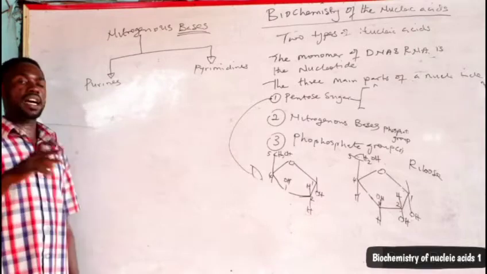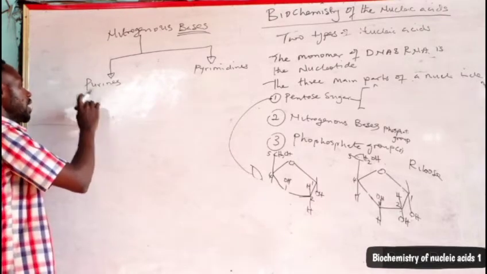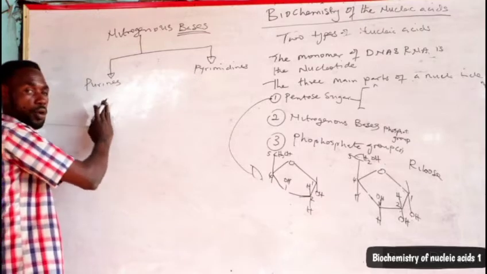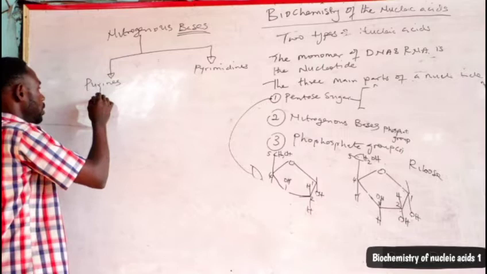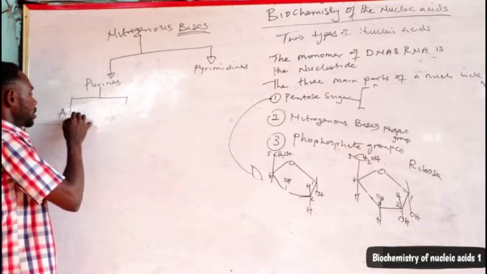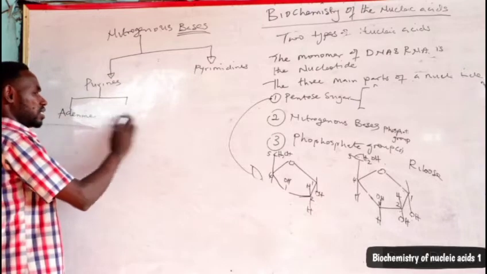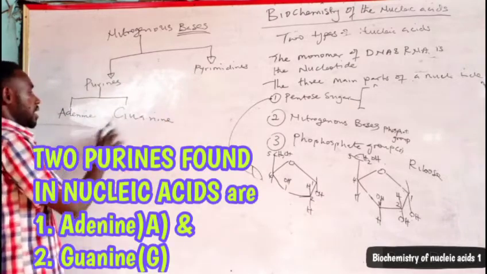Then, in nucleic acid, we have 2 common purines. There are only 2 purines that are common in nucleic acids, and they are adenine and guanine.